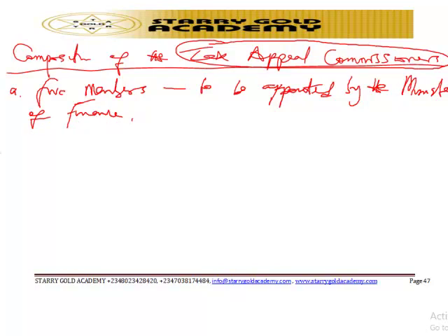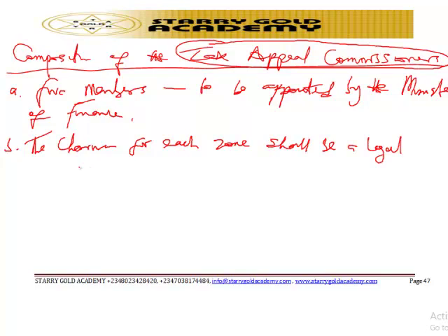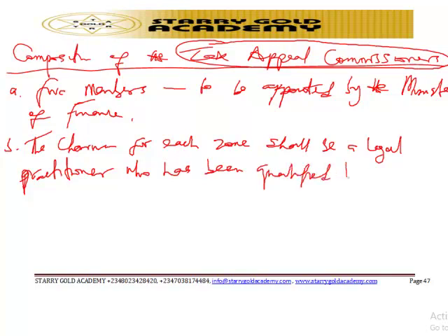And then also the chairman for each zone shall be a legal practitioner who has been qualified to practice. So that's our qualification. So A is on composition, B is for qualification.